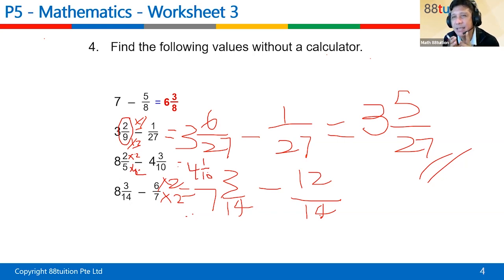So the numerator 14 plus 3 changes into, very good, 17. So now you have 7 whole, 17 out of 14, minus 12 out of 14. Now you can solve already.